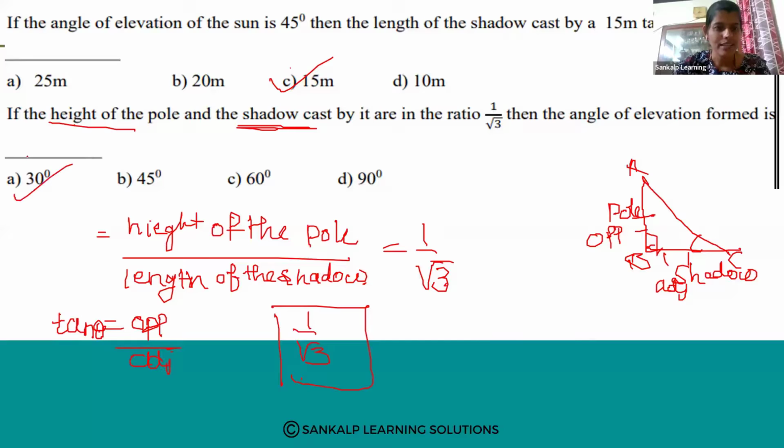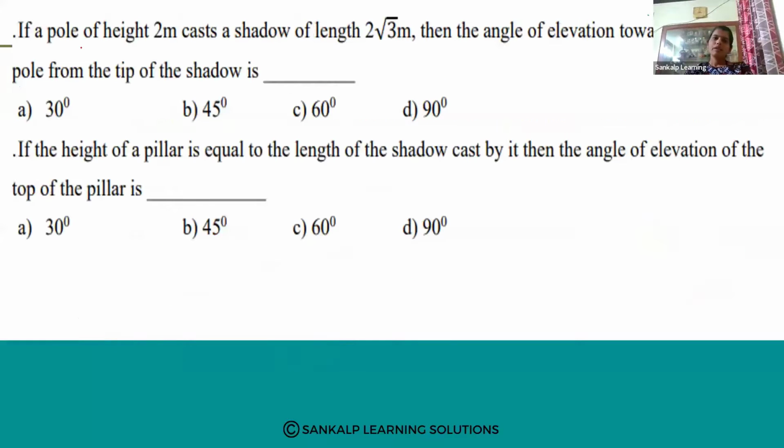Okay. Next. If a pole of height 2 meter casts a shadow of length 2 root 3 meter, then the angle of elevation towards the tip of the pole from the tip of the shadow. See, the height of the pole is 2 meter and the length of the shadow is 2 root 3 meter. Then the angle of elevation towards the tip of the pole.